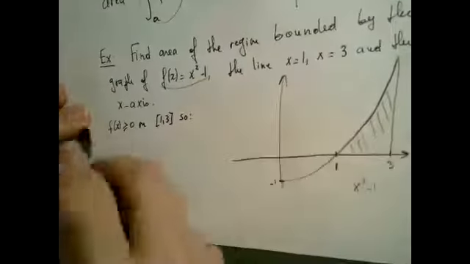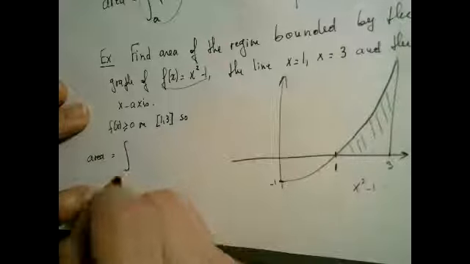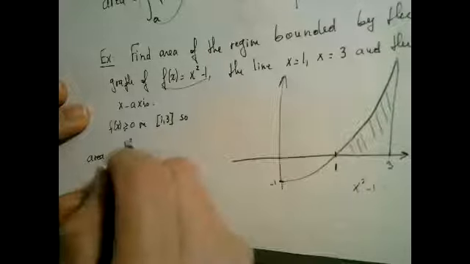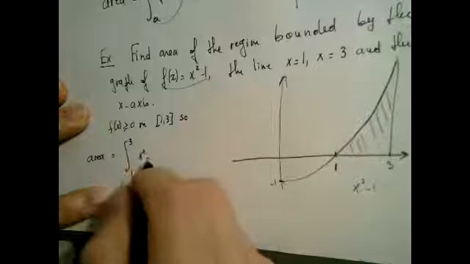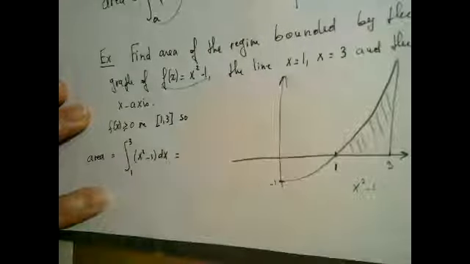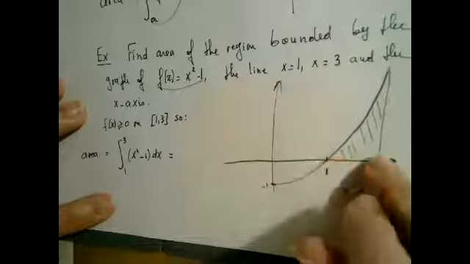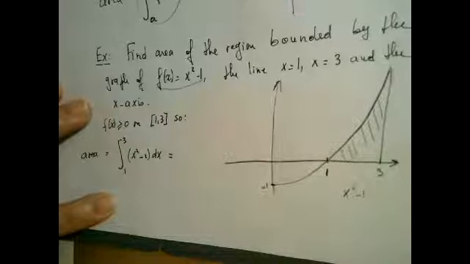So the area is the integral from 1 to 3 of the function x squared minus 1 dx. And now, because we know the fundamental theorem of calculus, we don't have to estimate the area using Riemann sum anymore.